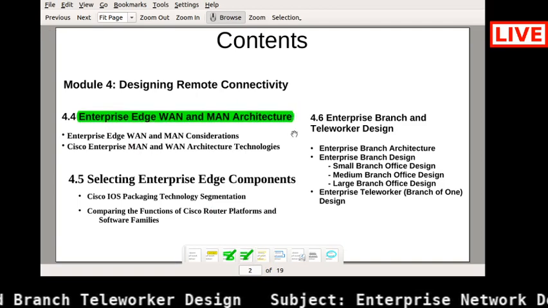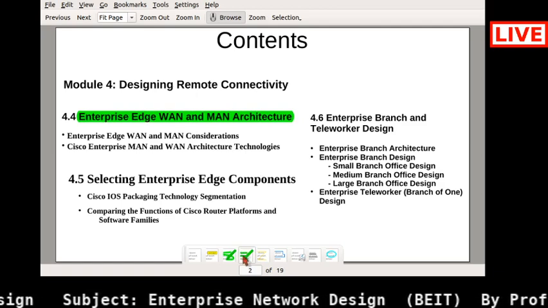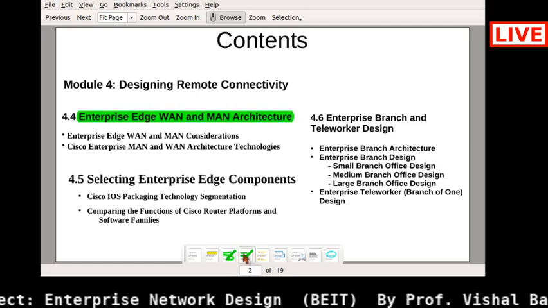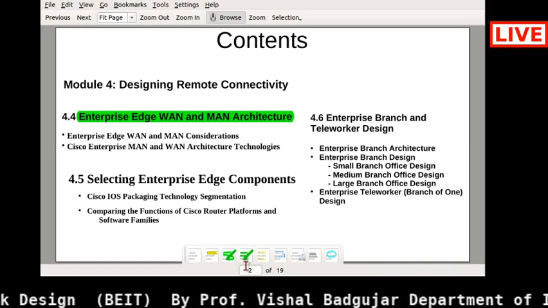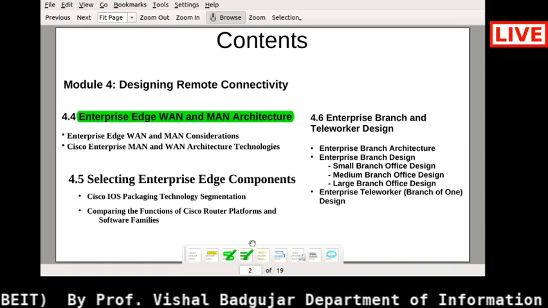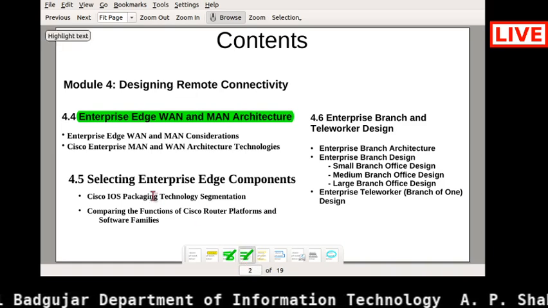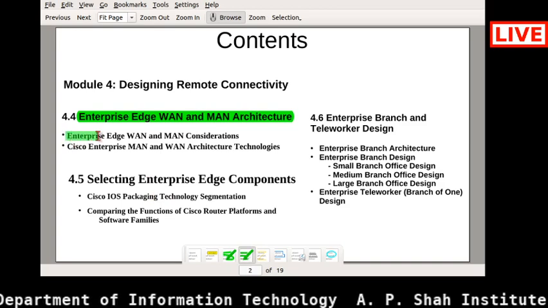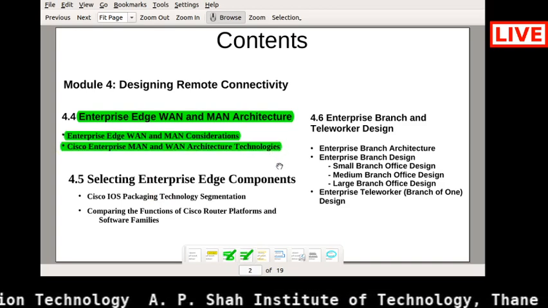With respect to WAN and MAN, there are different constraints and considerations that we need to think about while designing this WAN and MAN network. After that we will see the different Cisco technologies for MAN and WAN.